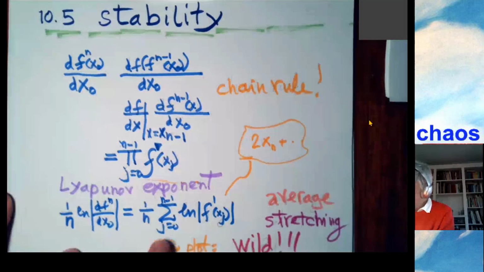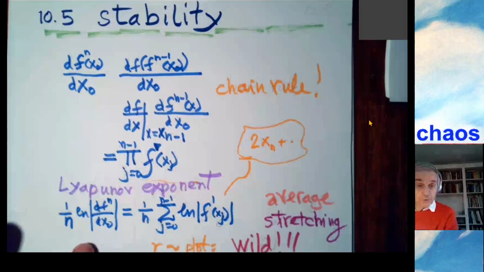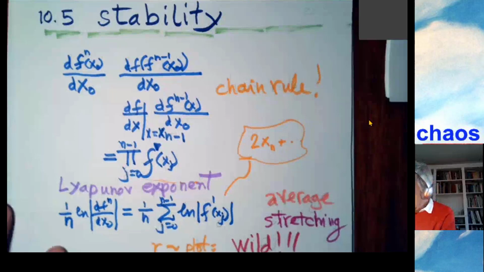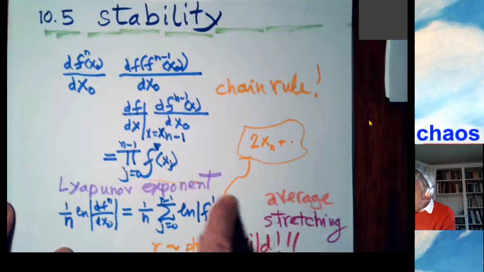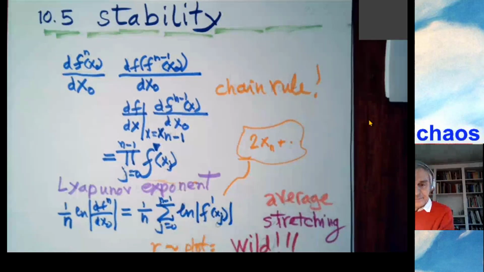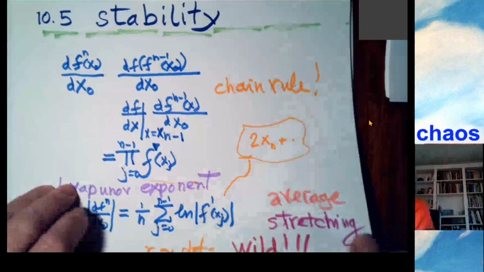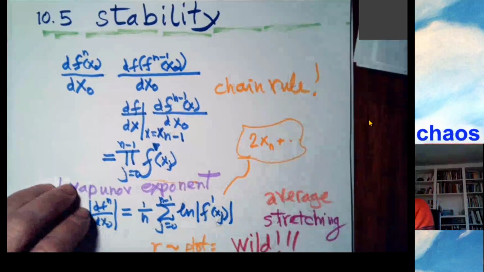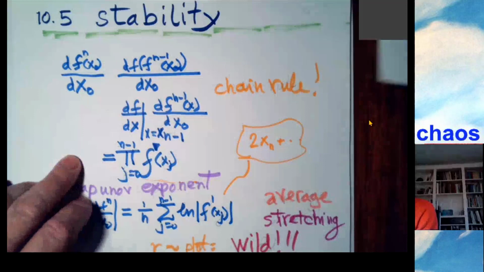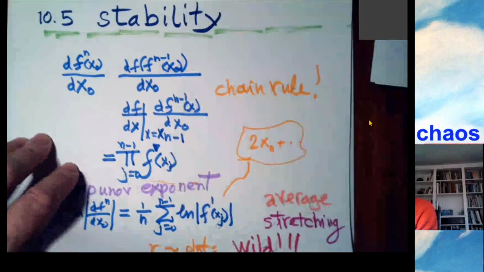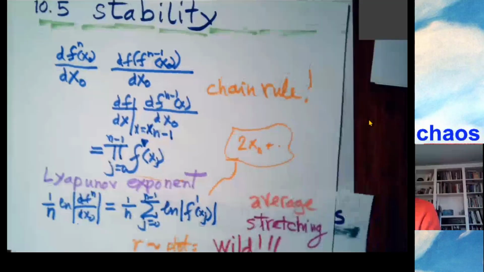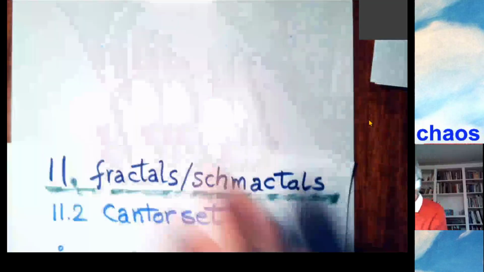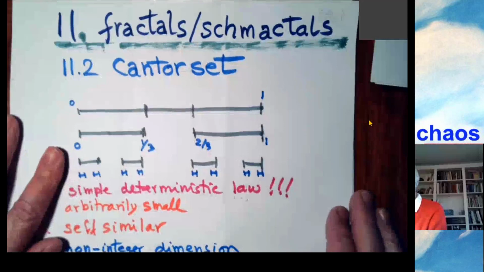But if you use this chain rule, what's called the Lyapunov exponent, meaning stability, average stretching, is really just an average of stretching at every little step. So that's what Lyapunov exponents measure, and when people tell you the Lyapunov exponent is positive, that means on average, neighbors are separating because their distance is growing exponentially.